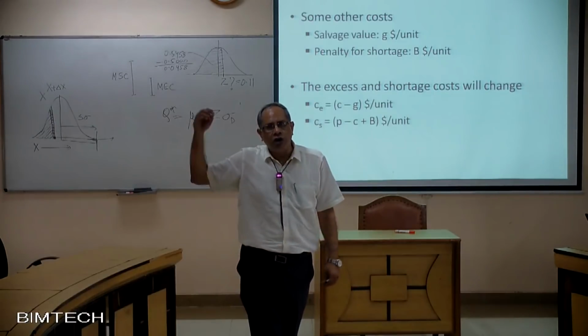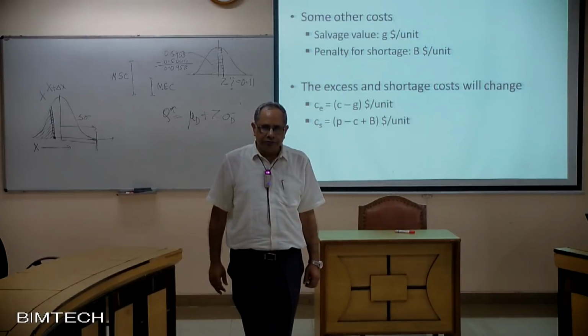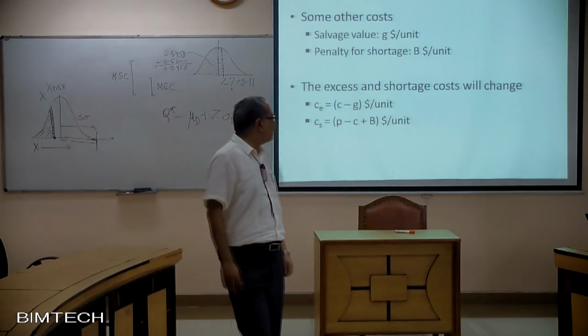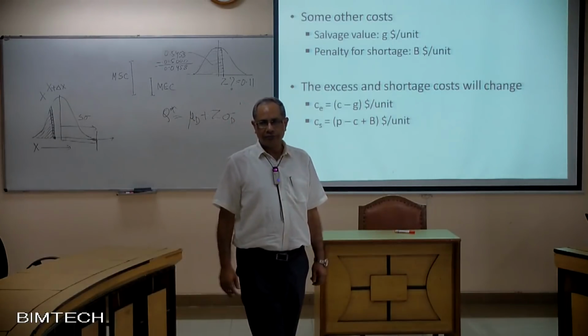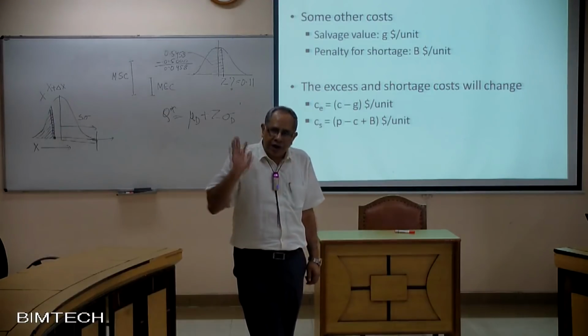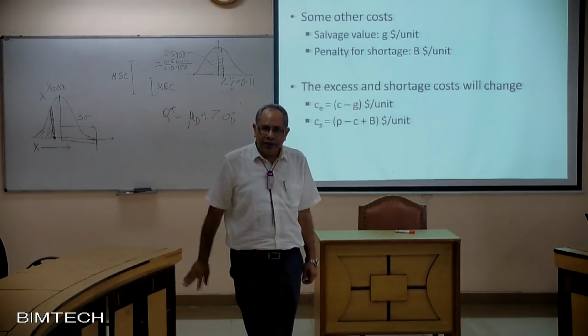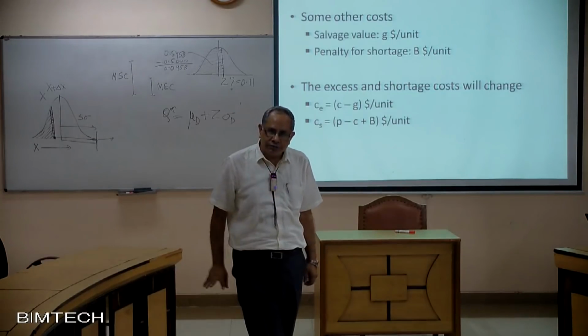Unfortunately, I have already exhausted the stock of that tea. And therefore, what is happening? I am falling short of the demand. The customer walks away. I don't make any money I could have made if I had not fallen short. So I lose the margin.